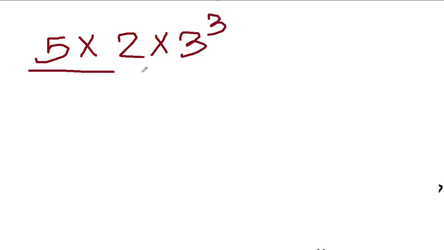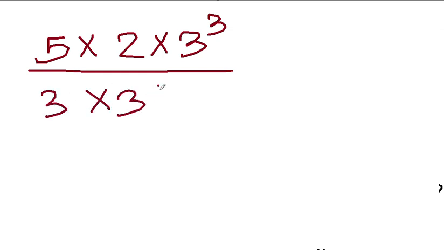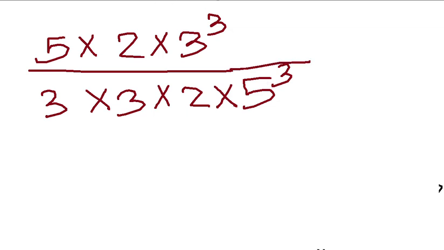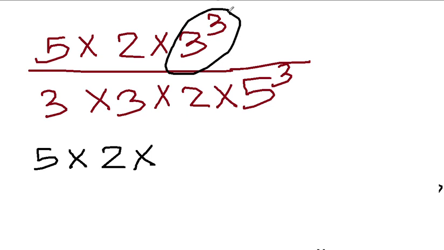Okay, now let's go and do another sum. So if we have a question like this, 5 times 2 times 3 cubed over 3 times 3 times 2 times 5 cubed. In order to solve this, we must remember to do simplification. 5 times 2 times 3 cubed. 3 cubed, what does that mean?